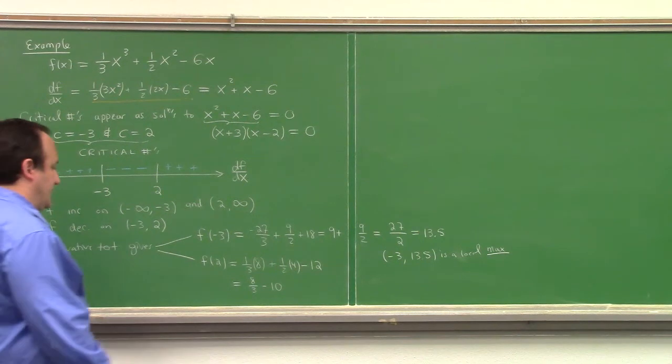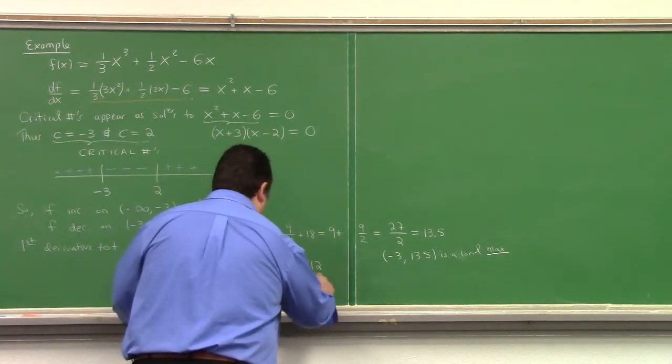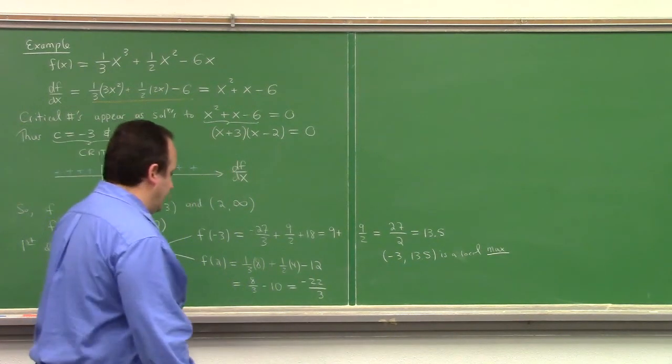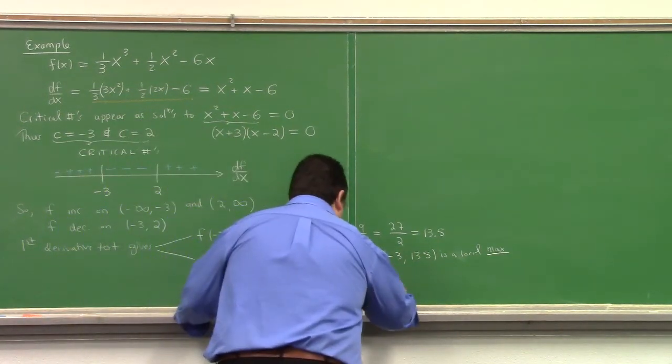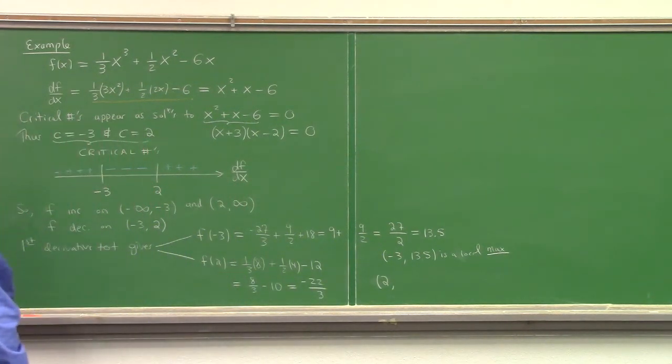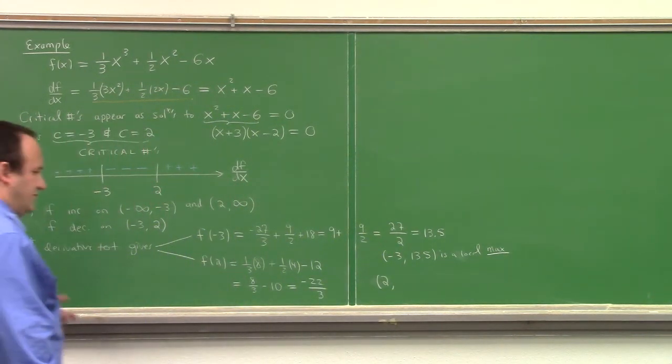I think that's minus 22/3. So the point 2, comma minus 22/3, which is about minus 7.333.